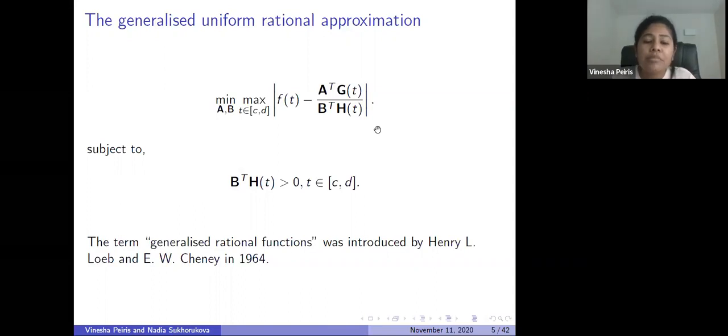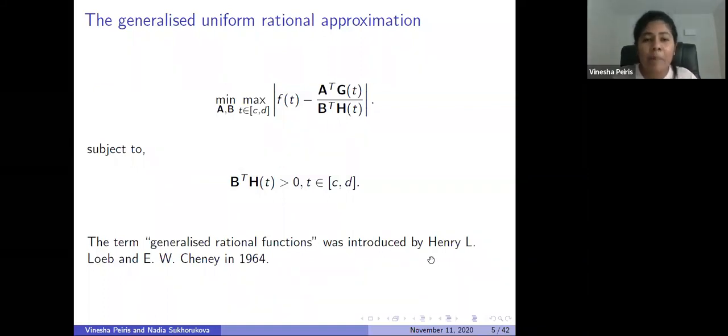This term, generalized rational functions, was introduced by Henry L. Loeb and E.W. Cheney in 1964. When I say generalized rational functions, it is in the sense of this paper by Loeb and Cheney in 1964, because for some people, generalized rational functions may mean something else.